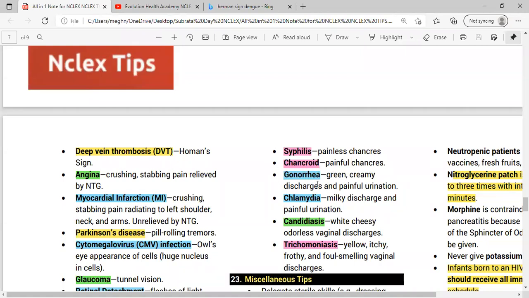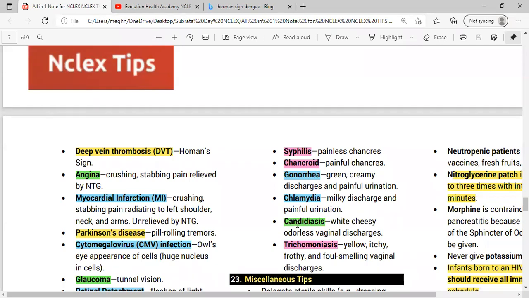In case of gonorrhea, green, creamy discharge and painful urination. I mean the genital organ, vagina or penis, discharges pus, which is creamy or green, and there is also a history of sexual exposure. Chlamydia, most common in the United States: milky discharge and also painful urination.